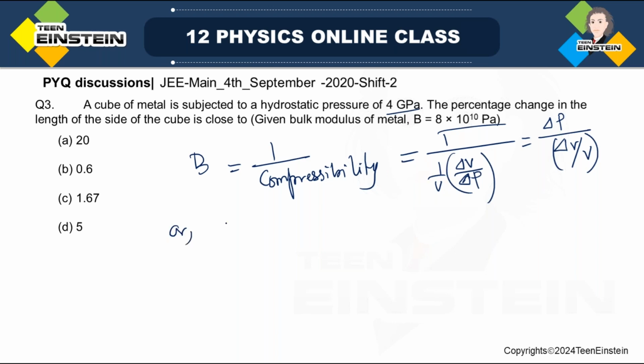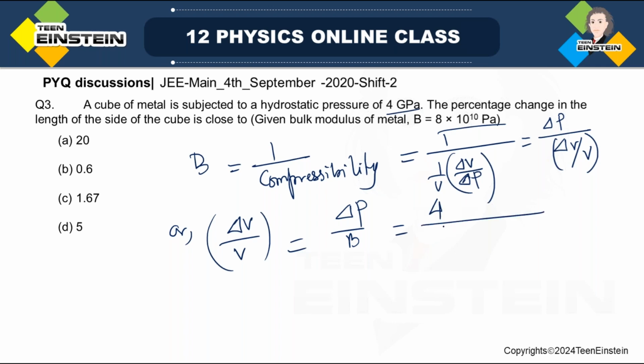So first of all, let me find out the percentage change in the volume. Delta P is 4 and B is 8 into 10 to the power 10 Pascal. So this will be 0.5 into 10 to the power 10.